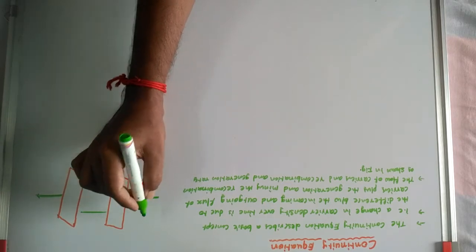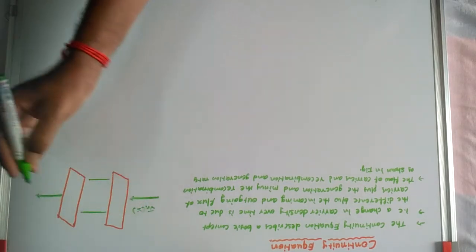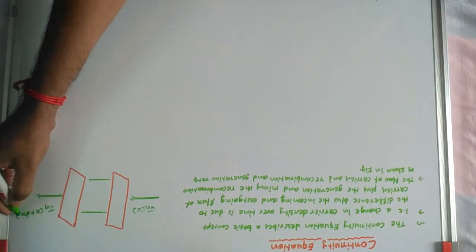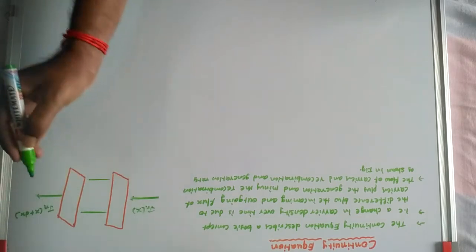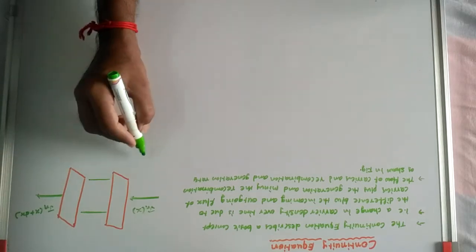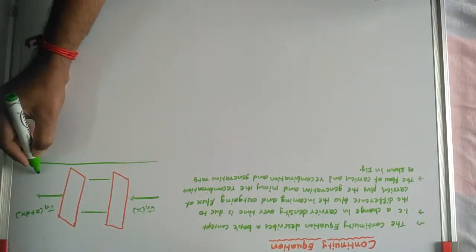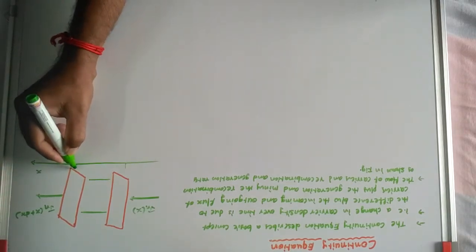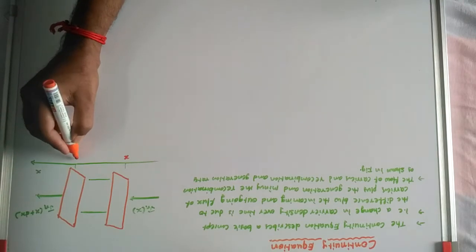This is Jn(x). This is Jn(x plus dx). Here, this is x, and this one is x plus dx.